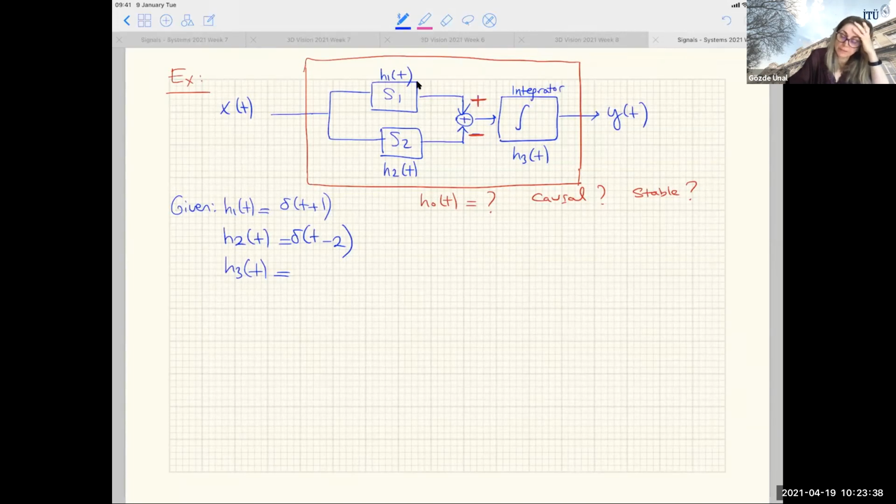You know its impulse response; we've just studied it. What is it? u of t, right? Yes. So, guys, what is the overall? I think you can read it off from the block diagram now. Add H1 and H2, convolve with H3. So h of t, I'm assuming everybody can read it off from the system.